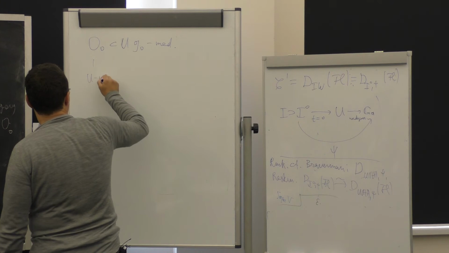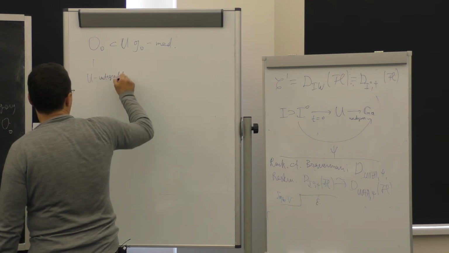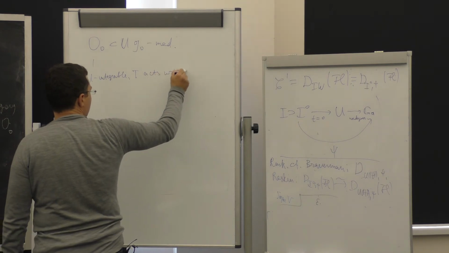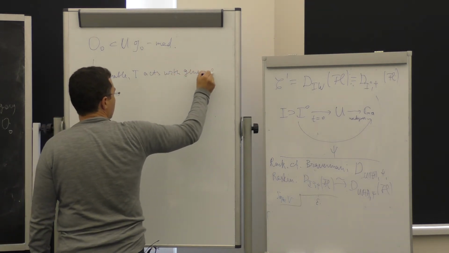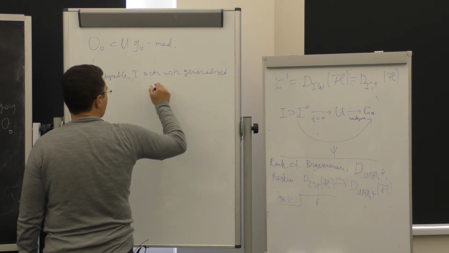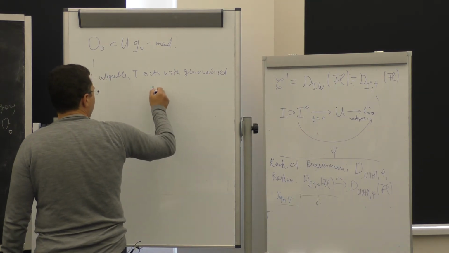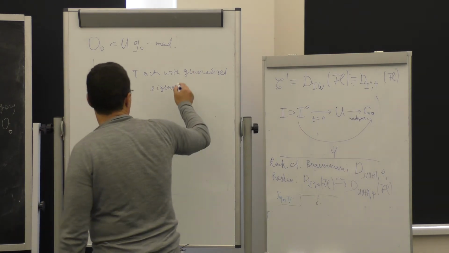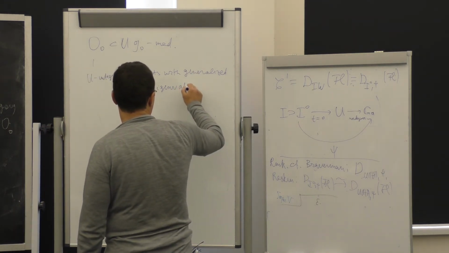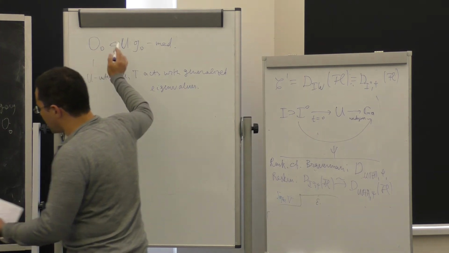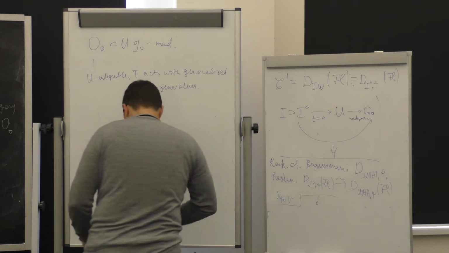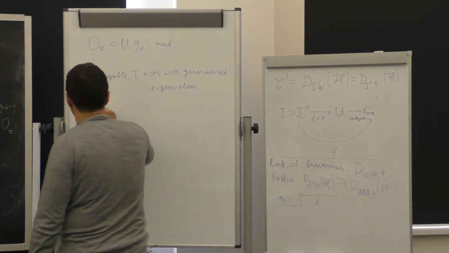U integral and T acts with generalized eigenvalues. Irreducible objects, it's a full subcategory in UG0, and irreducible objects are exactly B integral representations.